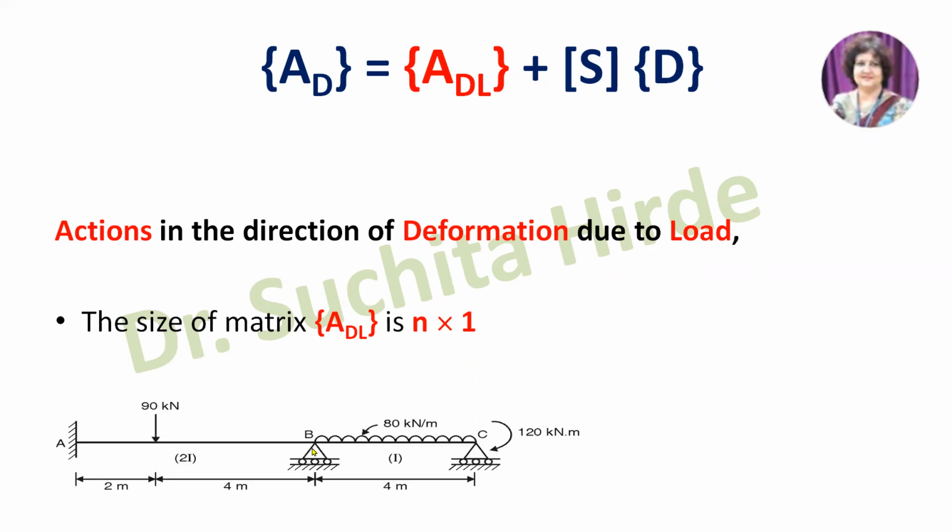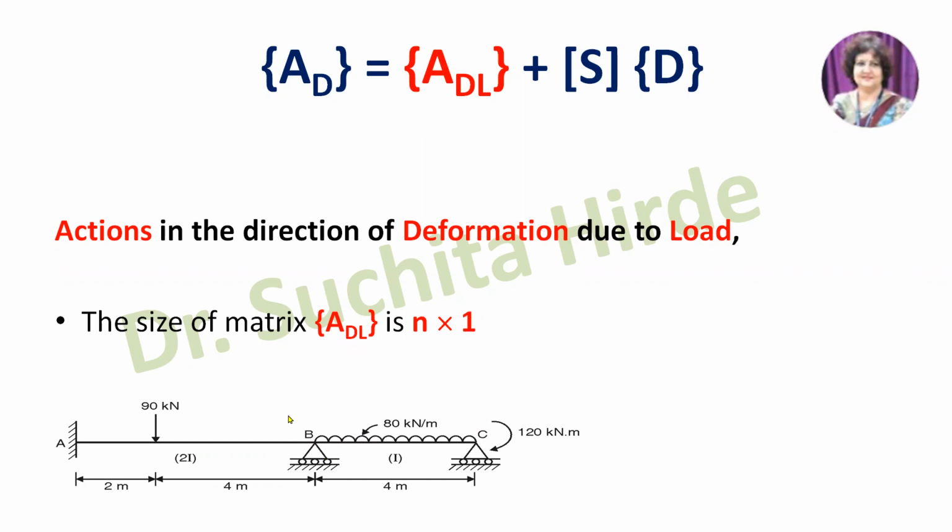For example, in this case, what are the actions due to load? The fixed end moments, which is at B, that is MFBA and MFBC, is ADL1, and MFCB will be ADL2. So this is the meaning of ADL, actions in the direction of deformation due to load.